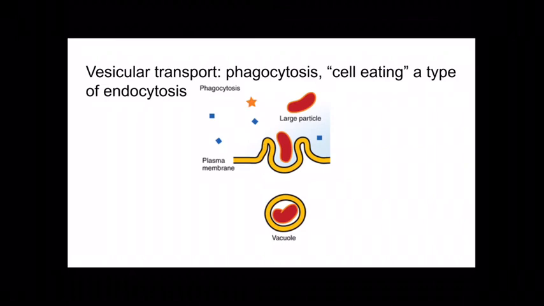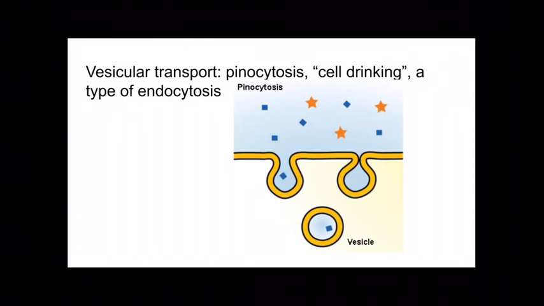So, phagocytosis is a type of vesicular transport in which we get a larger particle, like a bacteria cell, into the cell. So that's phagocytosis. Pinocytosis is almost the same thing, but instead of cell eating, it actually means cell drinking.